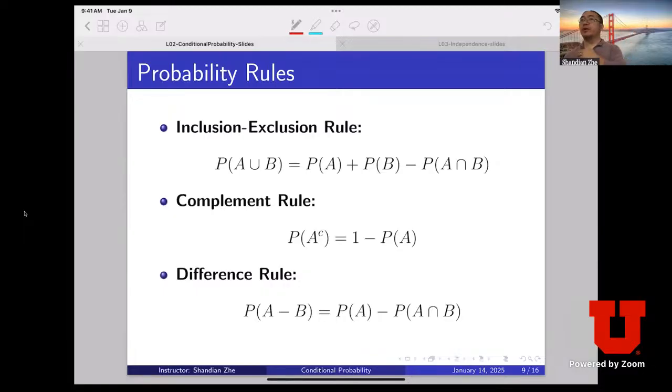That number is usually abbreviated as probability, namely the chance of that event to happen, right? So the event, as we defined, is just the sets, right?